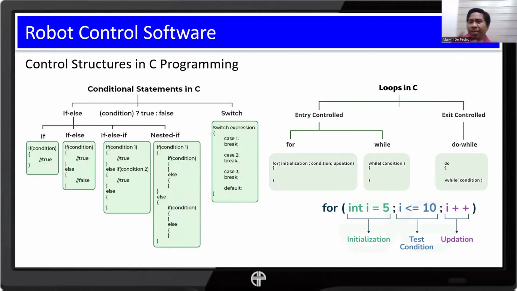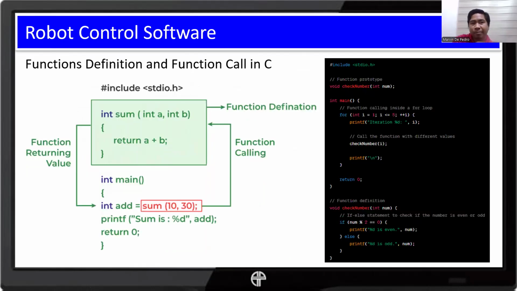The same thing goes with most other programming languages. So again, at least one control structure is normally present in an algorithm.